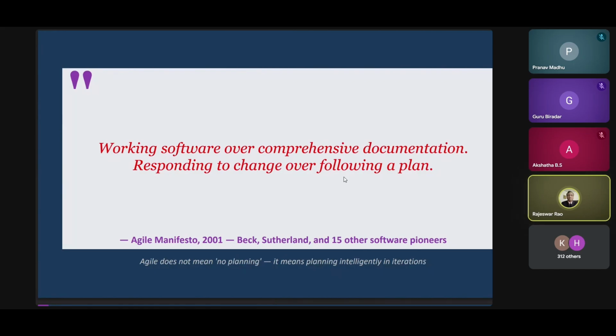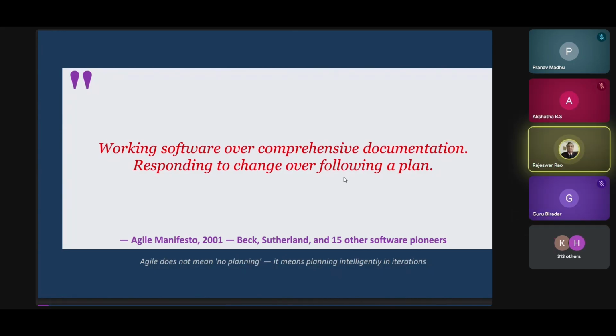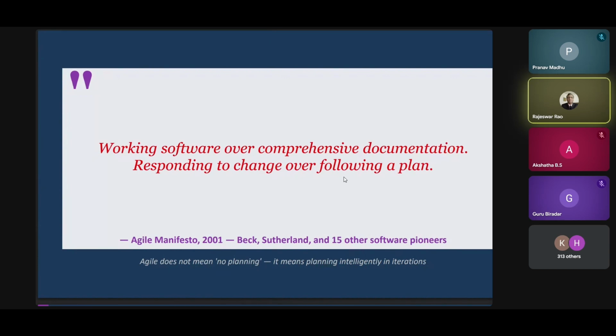The focus has shifted more towards working software and not necessarily on documentation. That doesn't mean there is no documentation, but not to an extent like in the waterfall model or any other model where the documentation was very heavy. The focus has shifted towards making the software work the way it is intended to be working.